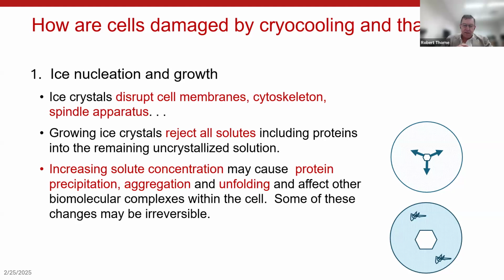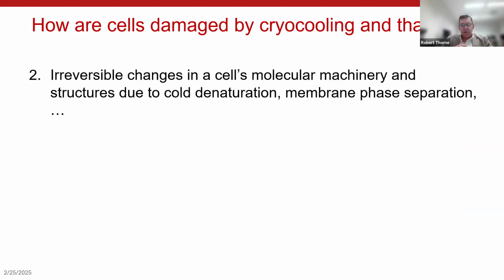And so you can get precipitation, aggregation, and unfolding in response to this, as well as changes in structure and function, perhaps, of biomolecular complexes within the cell. And some of these changes may be irreversible, meaning when you thaw, they don't come back. So that's all from effects of cooling and warming via ice formation.